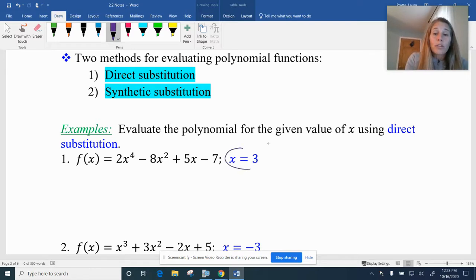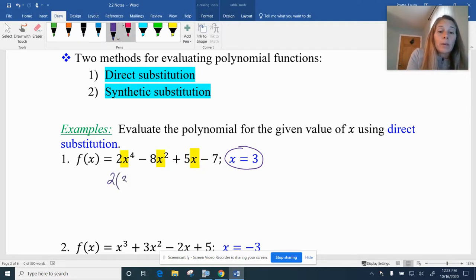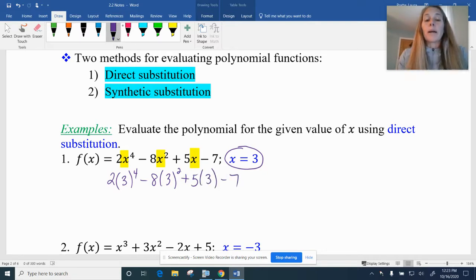So direct substitution is simply taking whatever value for x they give you and substituting it into the x's in the equation or function. So remember, whenever you substitute in, you should always use parentheses around that number that you're substituting in. So of course, this particular problem, we're putting positive 3 into all 3 of those x's.